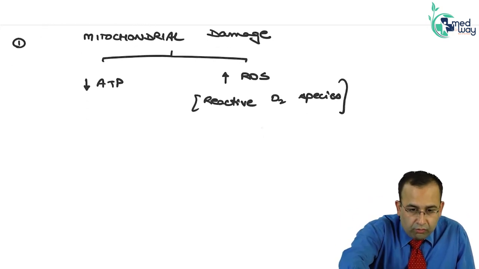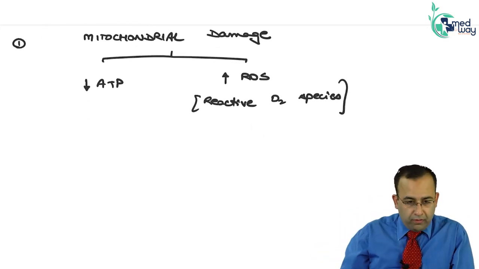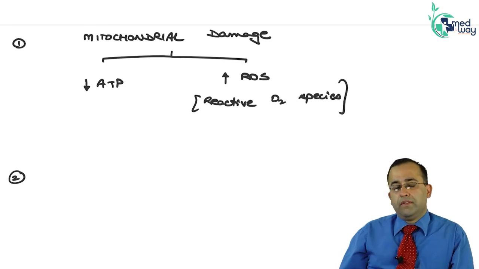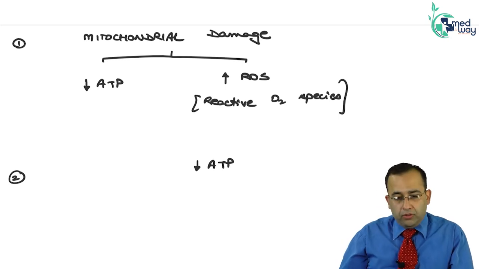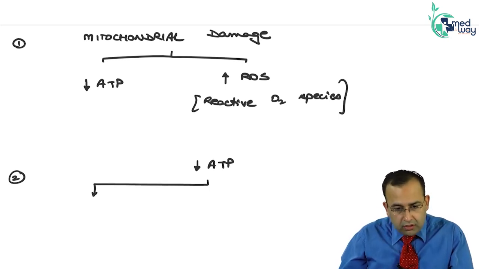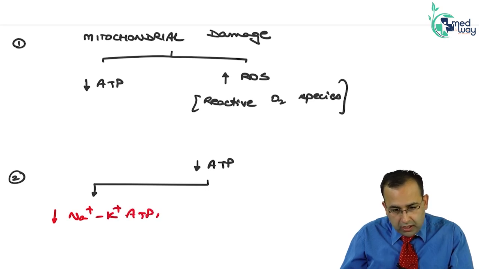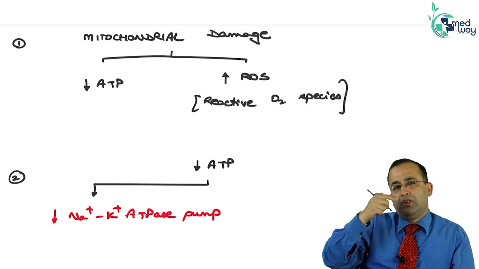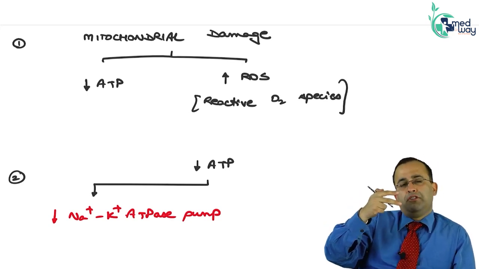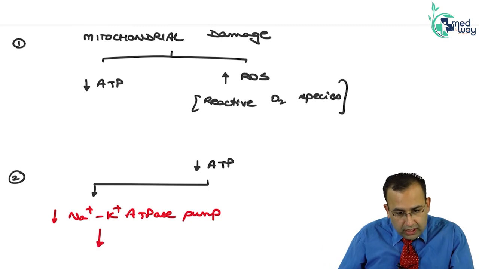Next, what does reduced ATP do? अब reduced ATP से शुरू करते हैं. If ATP reduces, it is associated with reduced activity of the sodium potassium ATPase pump, which we have just seen causes influx of sodium and water, efflux of potassium, leading to cellular swelling.